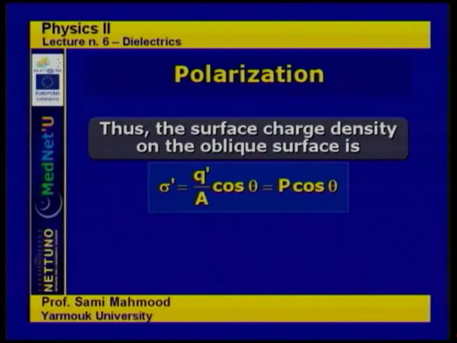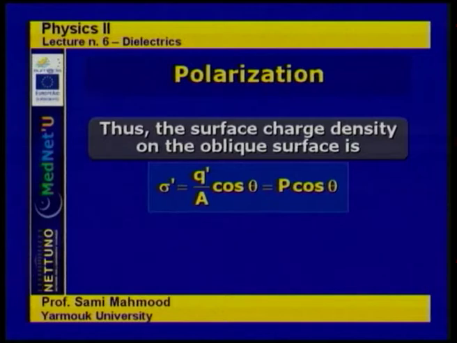But in this case, the density is lighter because that charge is distributed over a larger area. So sigma prime on the oblique face is Q prime over the area of that oblique face, which is A over cosine theta.